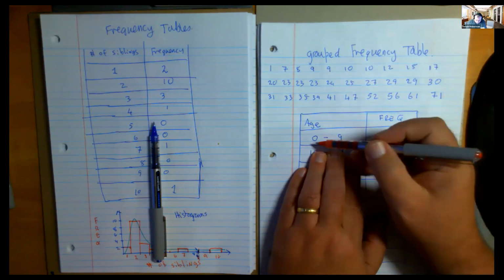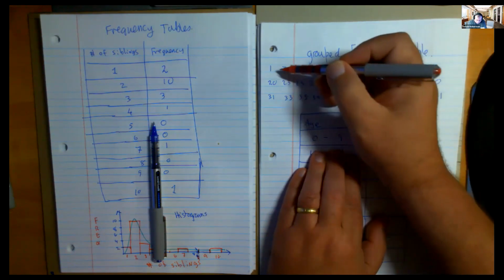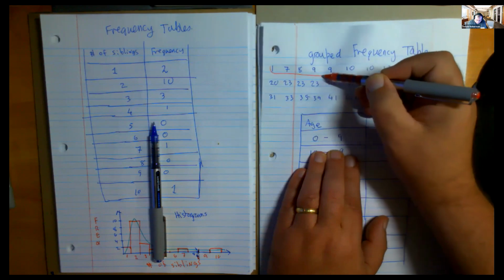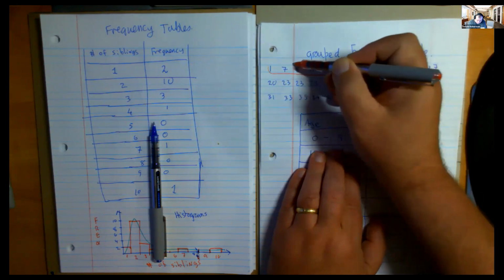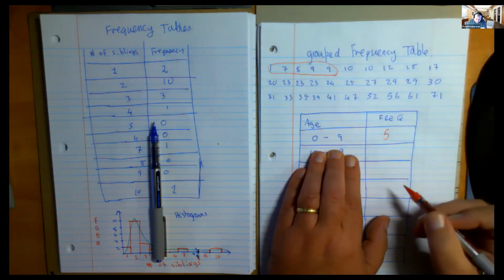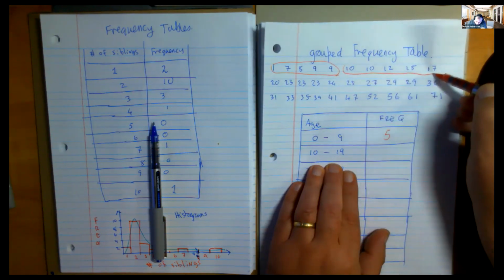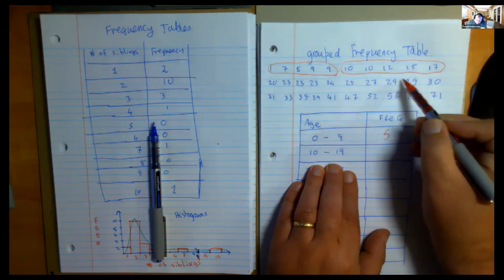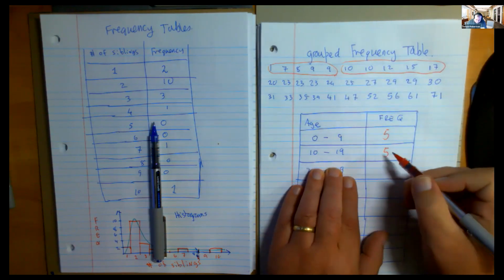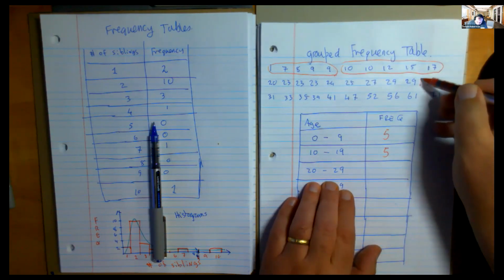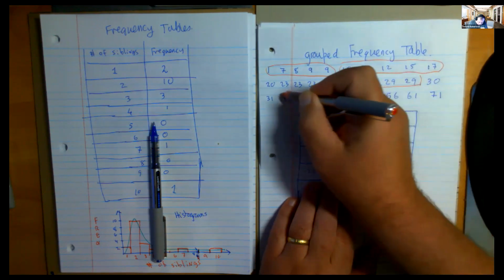Now, for each of these groups, all I really need to do now is count who is in that group. So are you a baby that's just born to 9 years old? So 1, 2, 3, 4, 5 belong in that group. There you go. Now the 10 to 19s are in this group here, and that also happens to be 5. The 20 to 29 group is everybody in here.